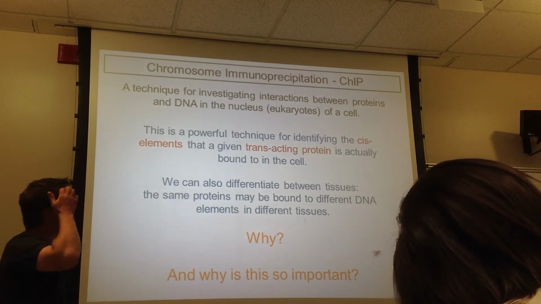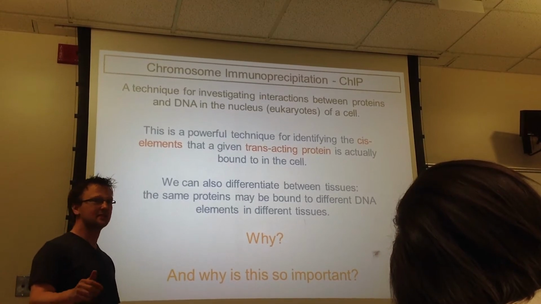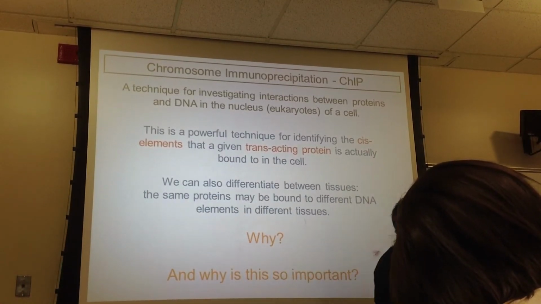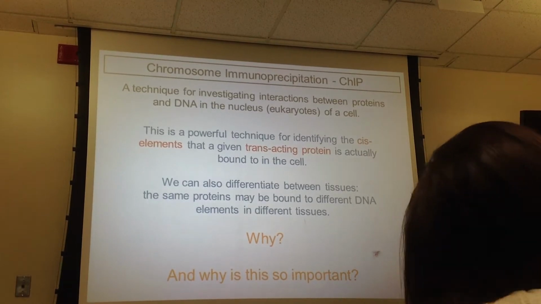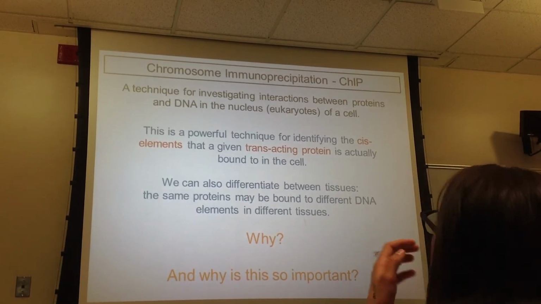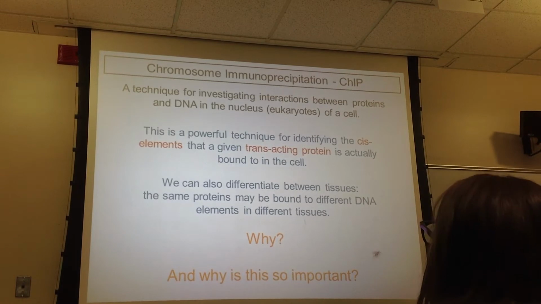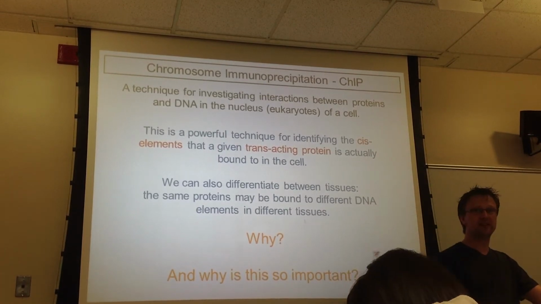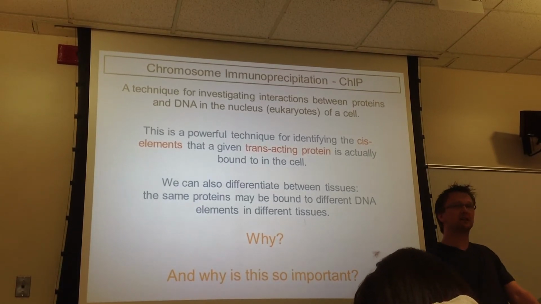It's a powerful technique for identifying cis elements that a specific trans-acting protein is binding to inside the cell. So this is something that's done essentially in vivo. Okay, we're studying the natural binding of a protein to the DNA when it's in the cell.